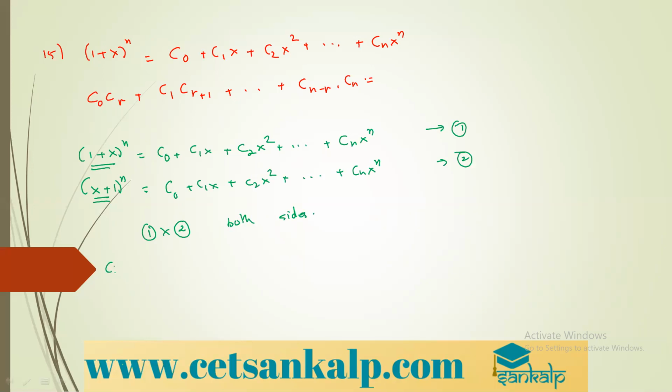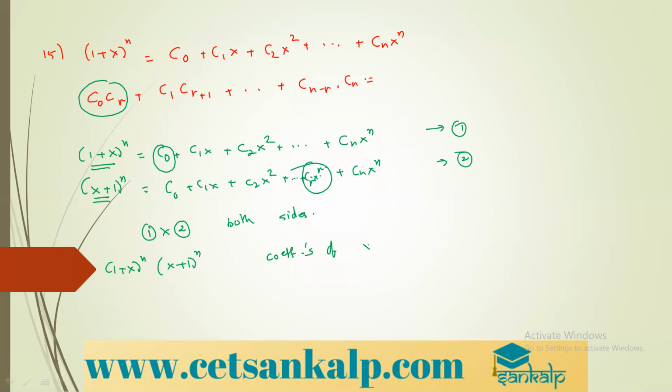That means I am multiplying (1+x)^n and (x+1)^n. But while multiplying these two, I am taking only coefficients of x^r. Like suppose here in the middle we have Cr x^r. C0 and Cr, if I multiply C0 and Cr, I am getting coefficient of x^r.